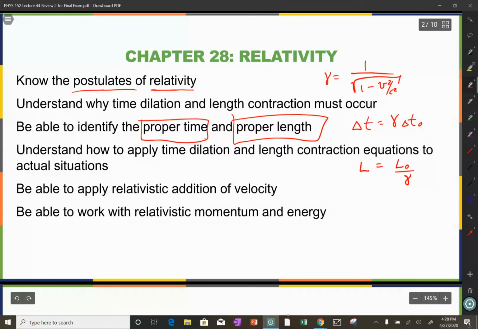Then you should be able to apply relativistic addition of velocities, and we're only doing parallel velocities. And be able to work with relativistic momentum. p is equal to gamma mv. And energy.